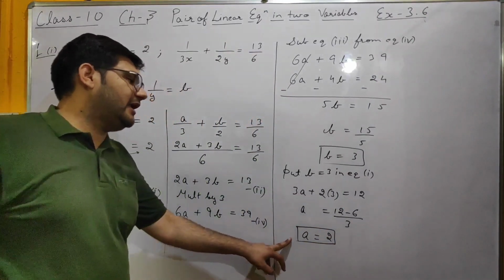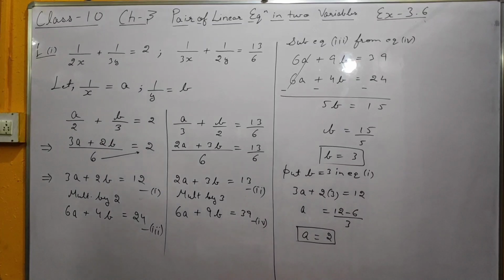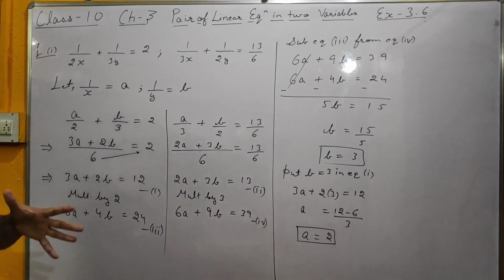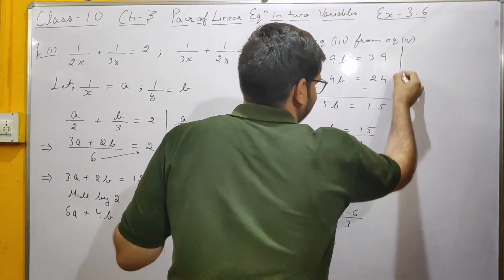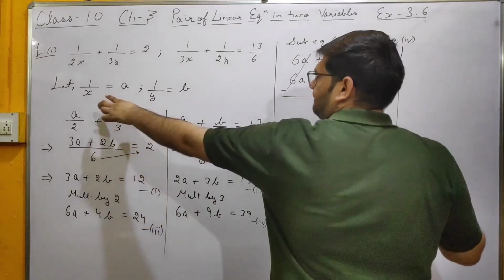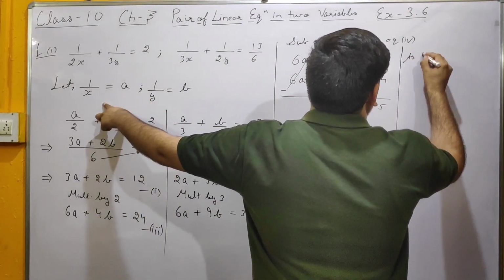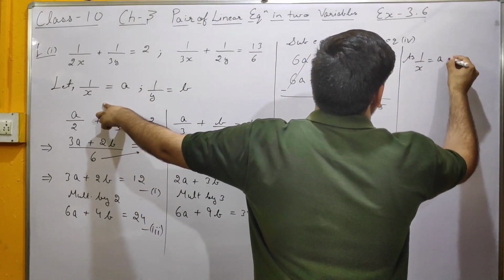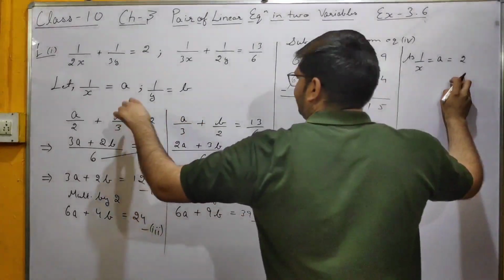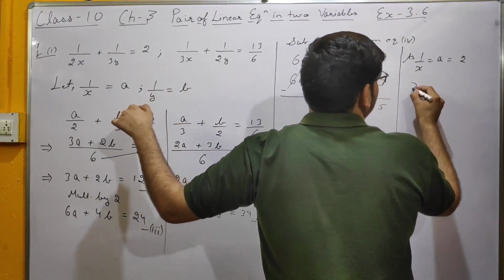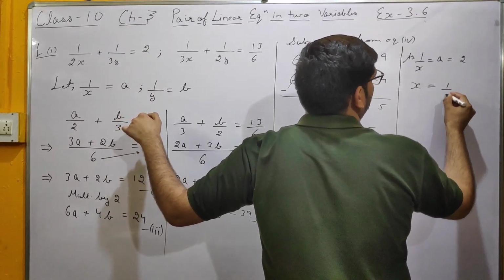Now we have the value of a also, we have the value of b also. But the thing is, we need to find out the value of x and y. So what will we do? See, as 1 by x equals to a and the value of a is 2, we will take the reciprocal, so x will be equal to 1 by 2.